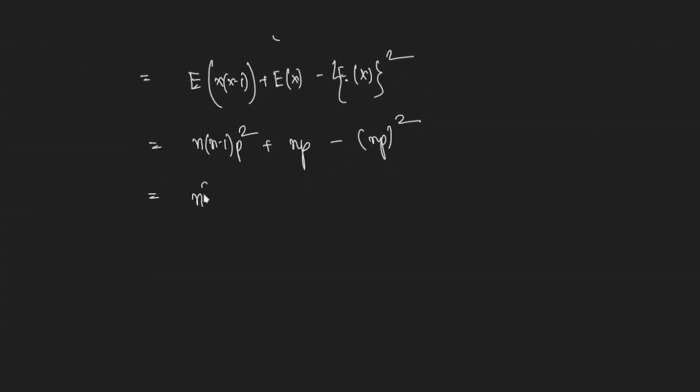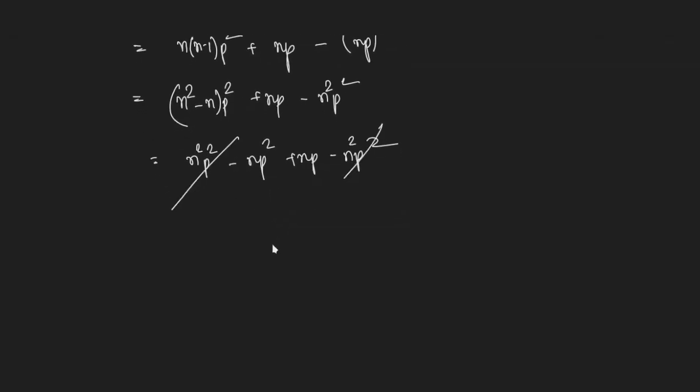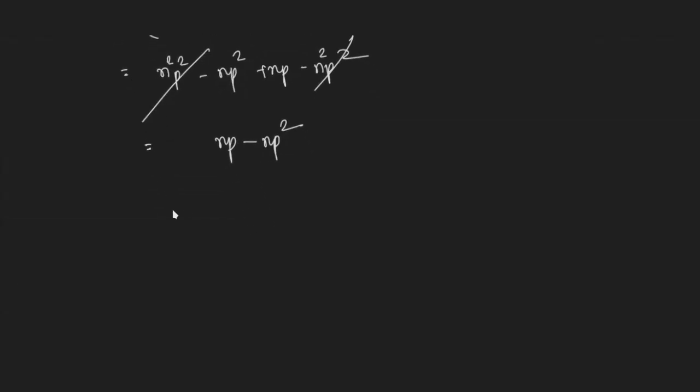Let's expand this: n square p square minus np square plus np minus n square p square. This and this get cancelled, so we have np minus np square.